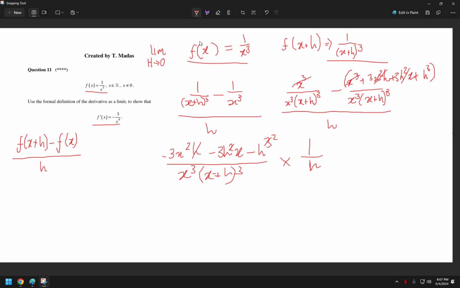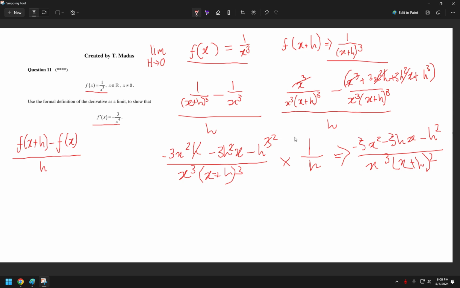Now I'd be left with minus 3x squared minus 3hx minus h squared all over x cubed, x plus h cubed. Alright, so it looks a bit weird, but that's basically it.